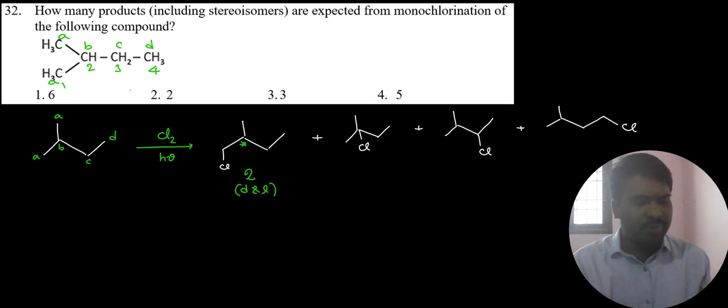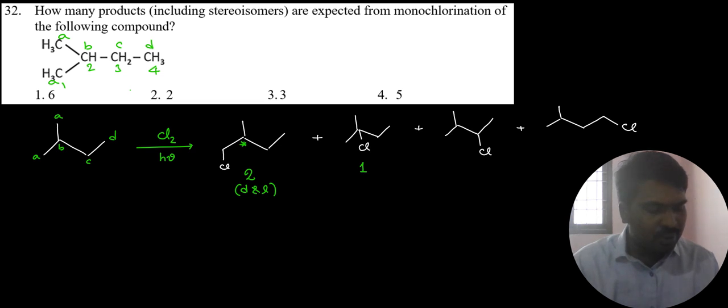Now, coming to the second molecule, no chiral center. So only one molecule exists, with no chiral center. Now, coming to the third molecule. Here one chiral center is there. One chiral center means 2 power 1, 2 stereoisomers, dextro and levo.